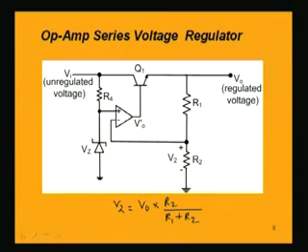Now this op-amp is like a comparator circuit, it is comparing the two voltages present at the non-inverting and inverting terminals. So what will be the output voltage from this op-amp? Let us name it as V0 dash. That will be dependent upon the differential input present between the two terminals.